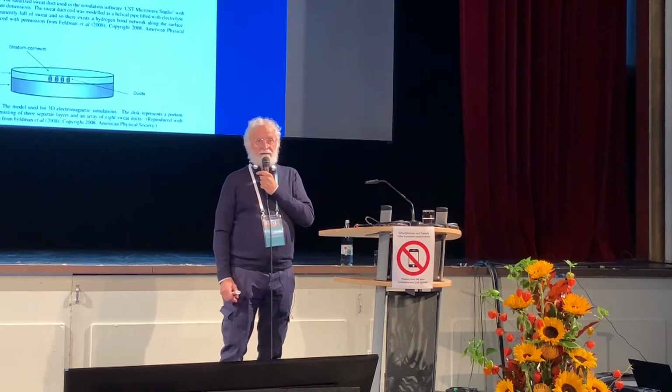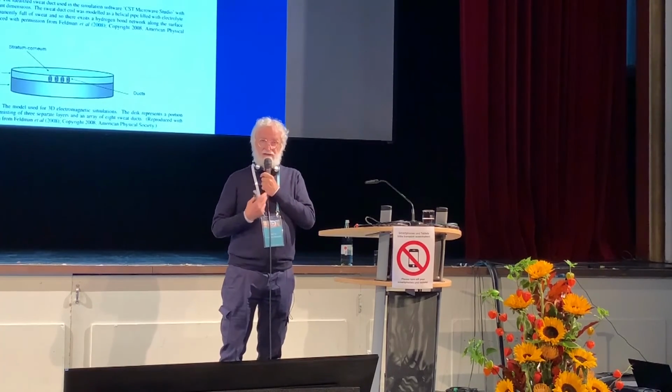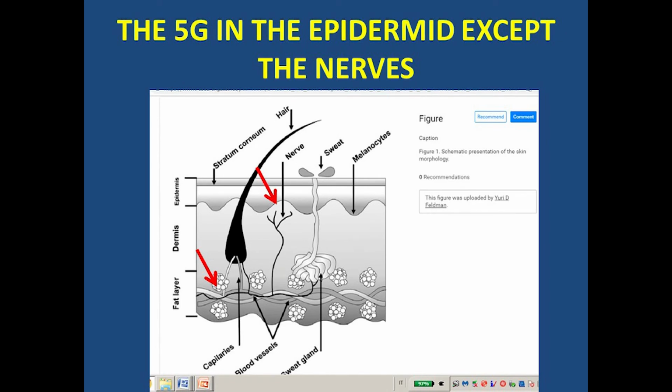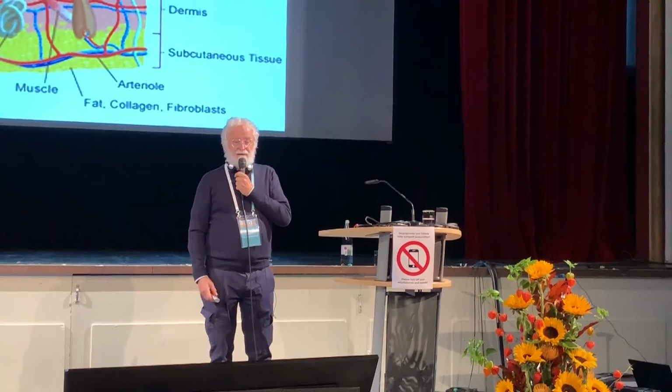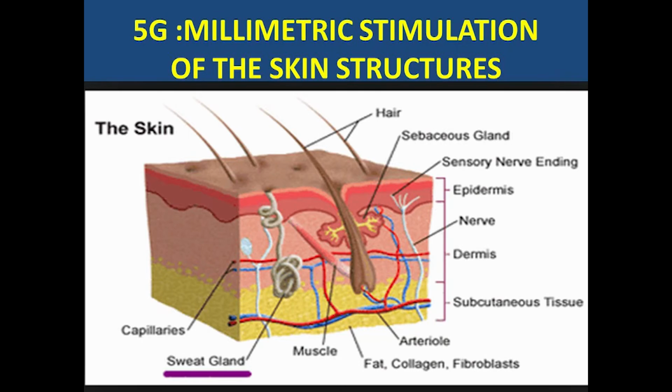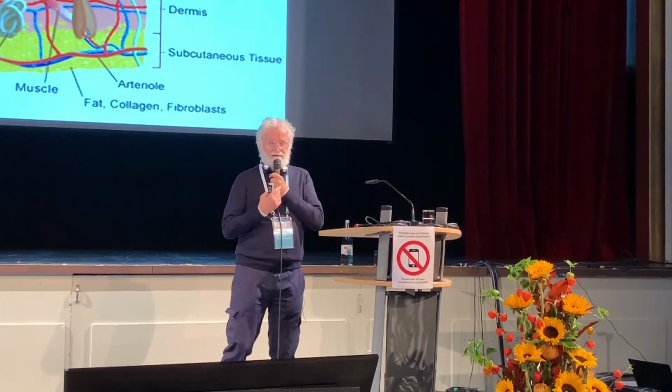And we have 100 sebaceous glands per square centimeter of the skin. And the skin is receptive to 5G radiation. For example, in the gland duct, as I said before, and in the nerve terminations, which are in the first part of the epidermis.